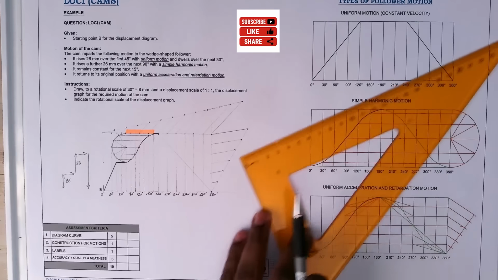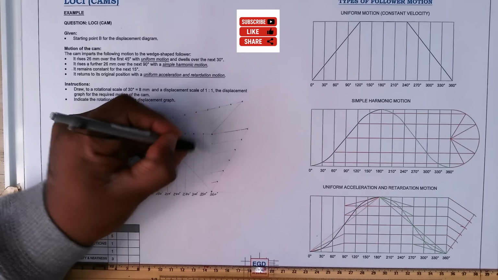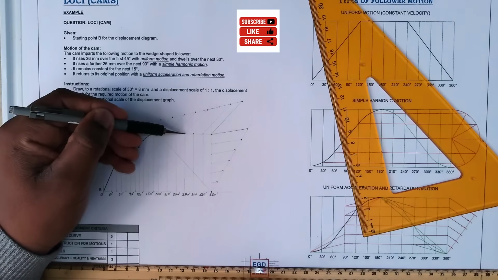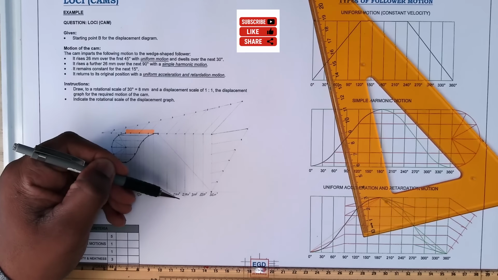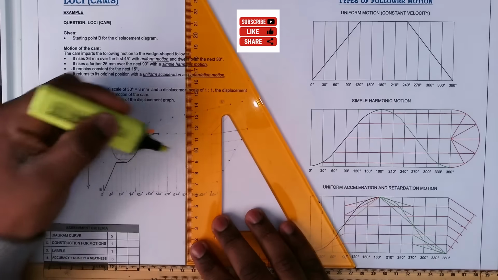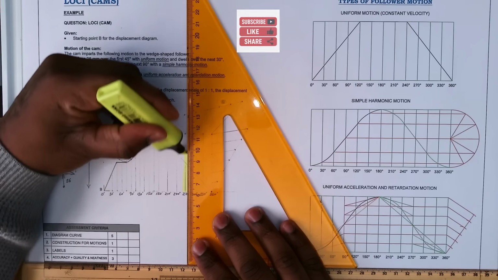Just like that. Okay, so as you can see, obviously I have those points there. Now I'll have to project those points to the center line. This is the center line in the middle, so I'll just highlight that line.